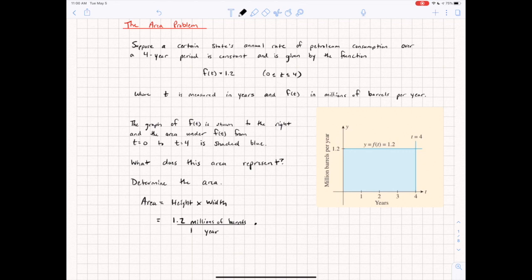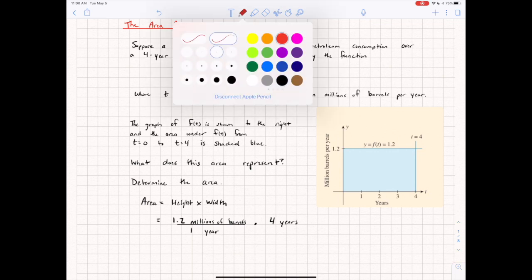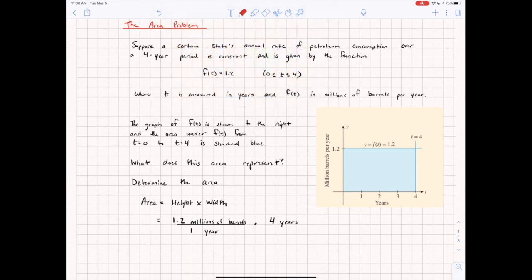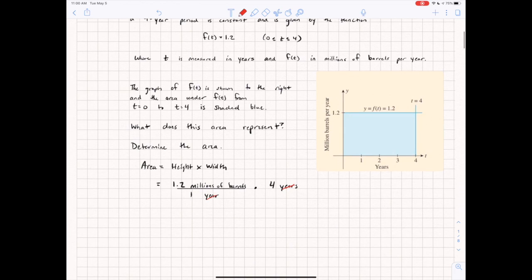Now I'm multiplying this by the width, which is years, so I'll add in that unit as well. Using unit conversion, when I multiply these two values together, I get years on the bottom and years up top, meaning they cancel each other out. And so my answer will be 4.8, but not just 4.8, it tells me 4.8 millions of barrels.